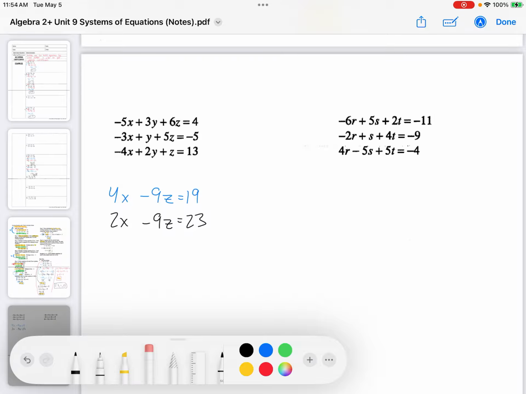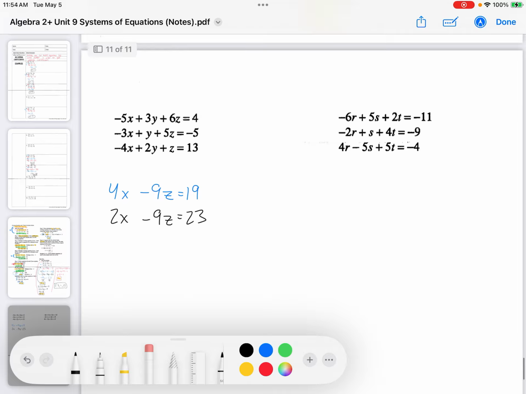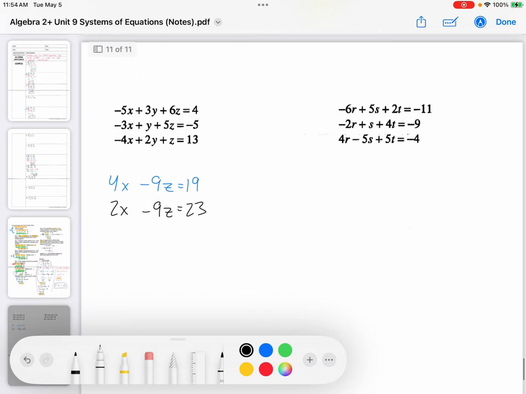So now we've got these two equations to work with from our system. Doesn't look like we're quite ready to solve yet, but we are almost ready with these two because these two have the same coefficient. If I were to multiply one of them by -1, for example, that would give me -2x plus 9z equals -23.